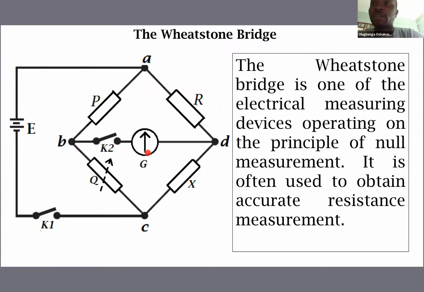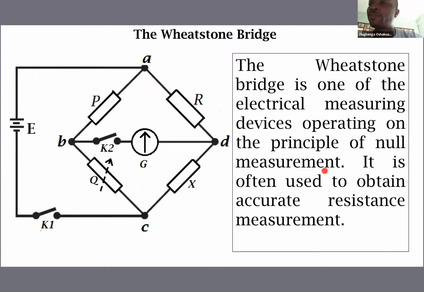So the Wheatstone bridge is one of the electrical measuring devices operating on the principle of null measurements. It is often used to obtain accurate resistance measurements. So one of the main applications of the Wheatstone bridge is to determine unknown resistances.